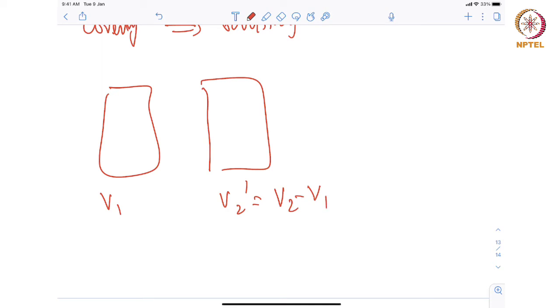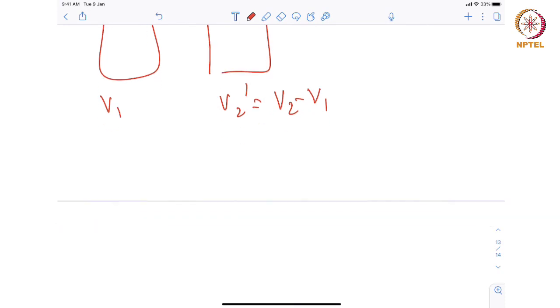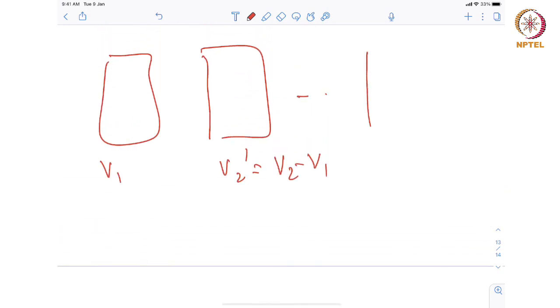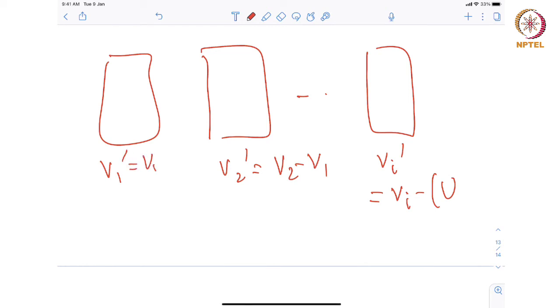Similarly, when you are trying to construct Vi prime, it is nothing but Vi minus the union of Vj, j going from 1 to i minus 1, with V1 prime equal to V1.